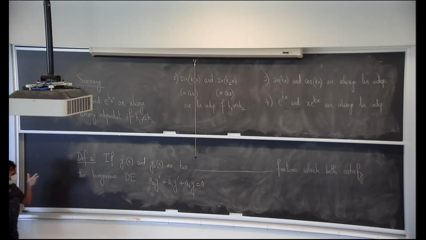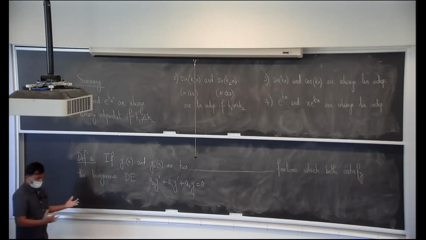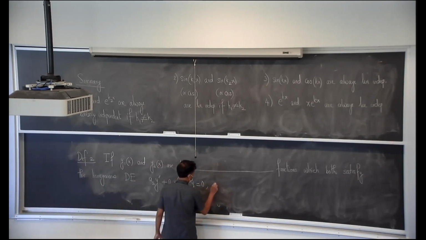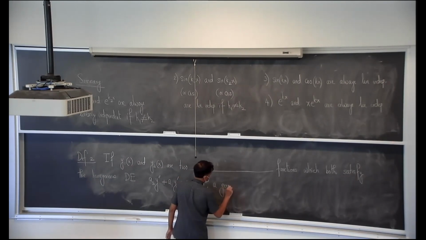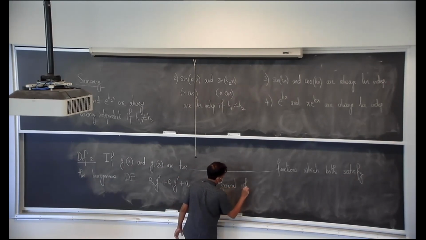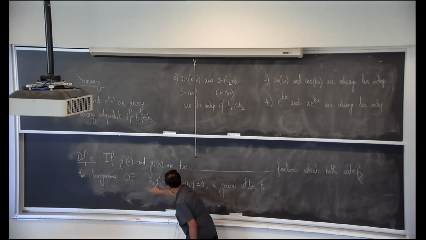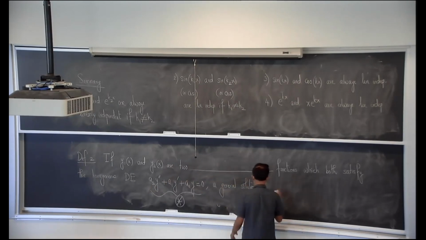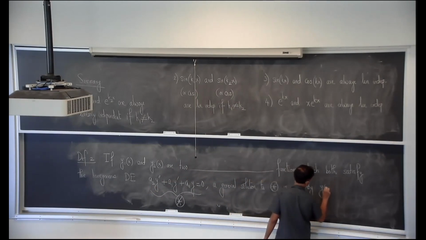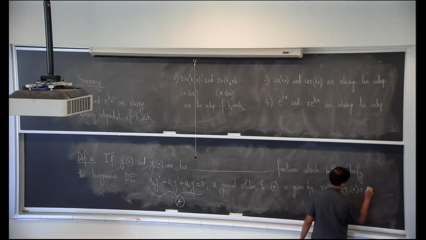So if these two by themselves satisfy this equation separately, you can combine those two. A general solution to this differential equation here, which I don't want to write again, let me just write star. The general solution to star is given by y of x equal to c1 y1 of x plus c2 y2 of x.